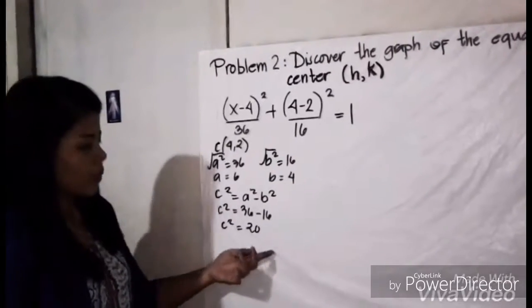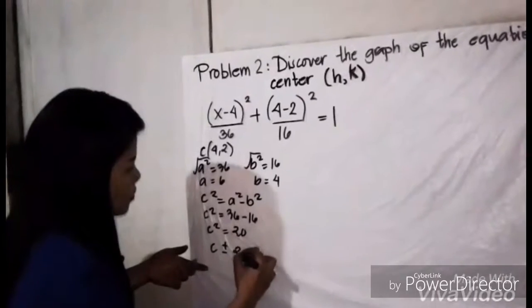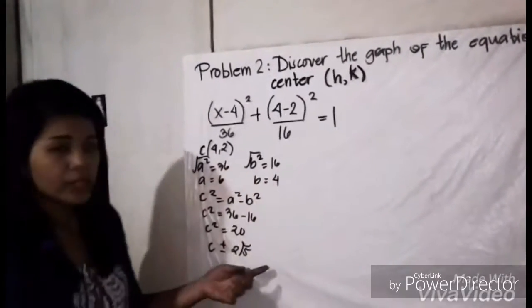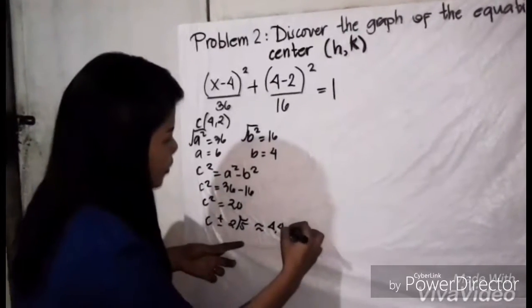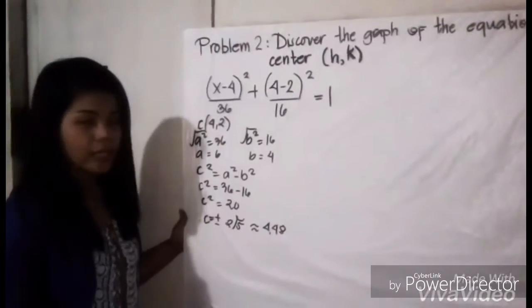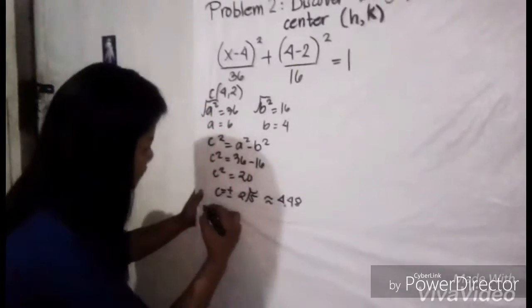Eliminating the square, c equals plus or minus 2 square root of 5, approximately 4.48.